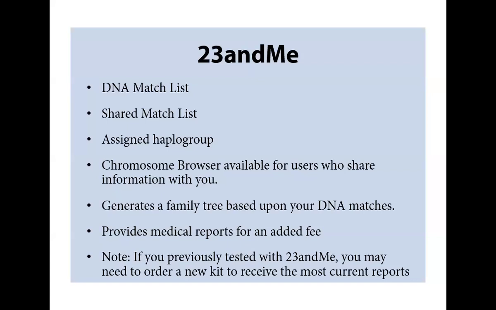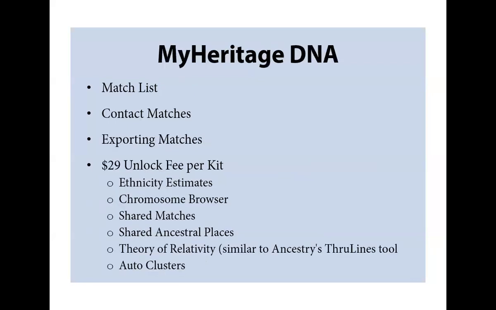They also provide medical reports that you can add on for an added fee. And if you had previously tested with 23andMe, like myself, where you did it a while ago, you actually may be asked to order a new kit if you want to keep up to date with the most current reports. Most of them are health related.